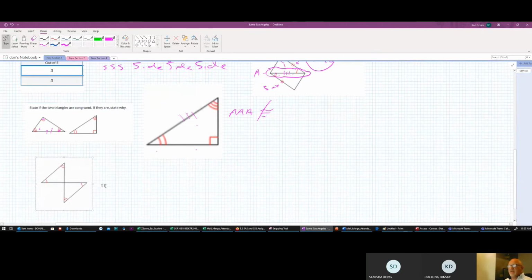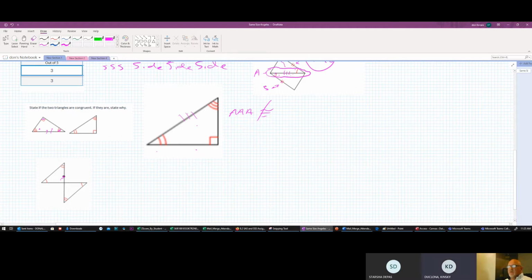Do we have any common sides? Well, which ones are common here? The one on the top and the one on the bottom. But it doesn't give us any tick marks, right? So we don't know that, correct?